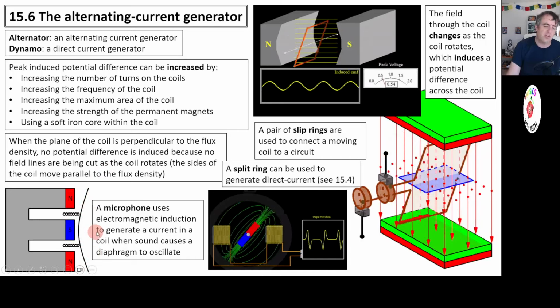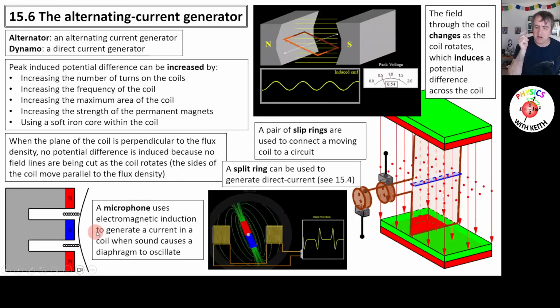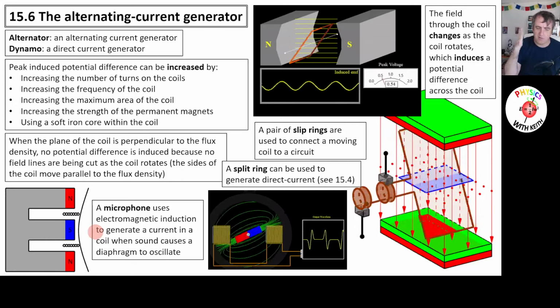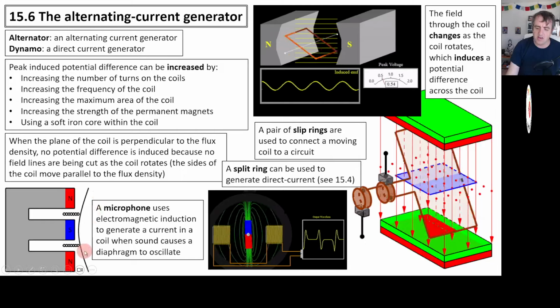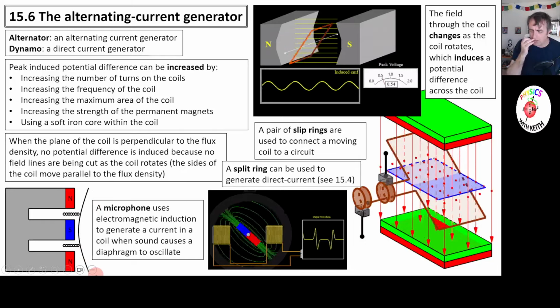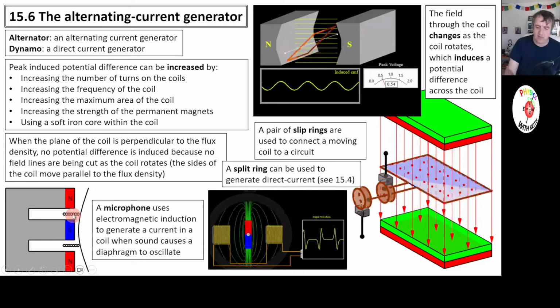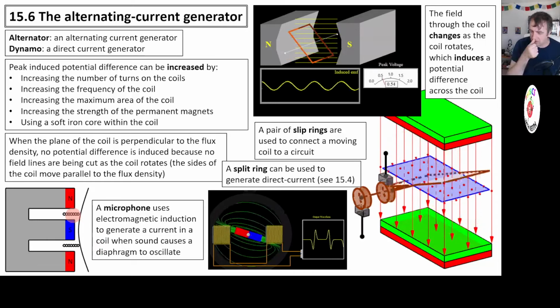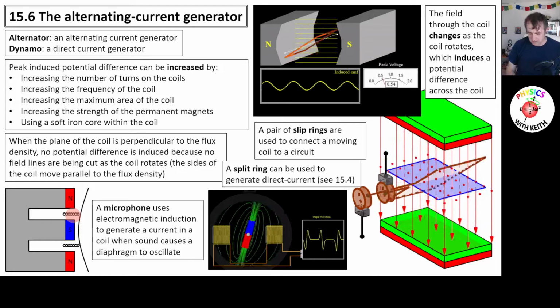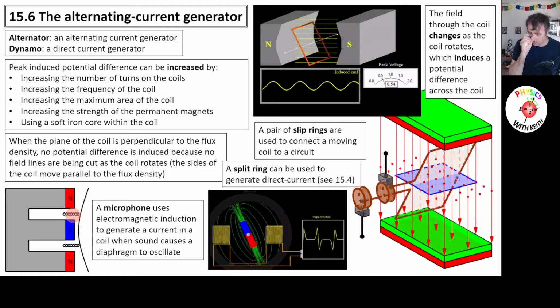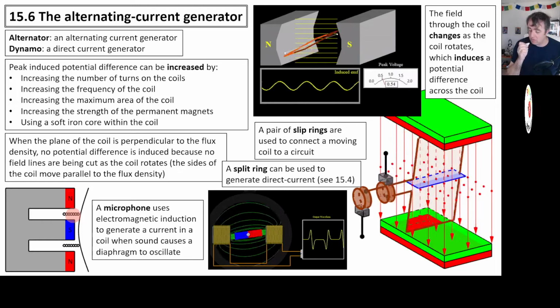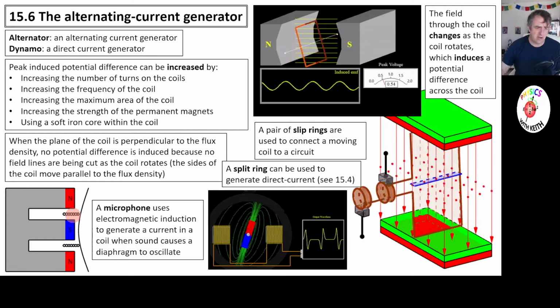And so there's sound, just like what happens with the tympanic membrane in your ear, where that vibrates backwards and forwards. This card membrane will vibrate backwards and forwards. That will cause the coil to vibrate in and out of the magnetic field, which will induce a current, and we can stick that in an amplifier and increase that signal. So that is how a microphone works. I don't think it's too complicated.